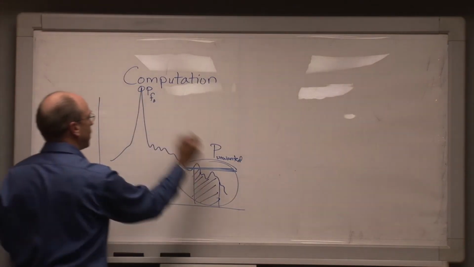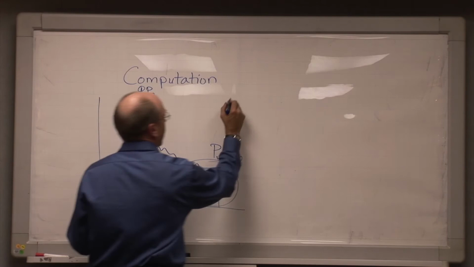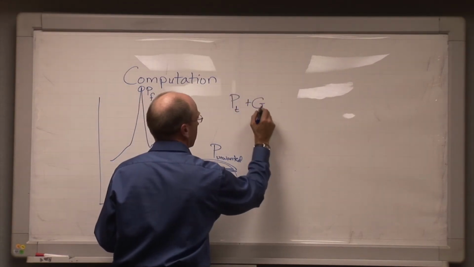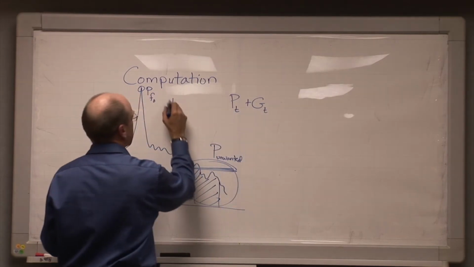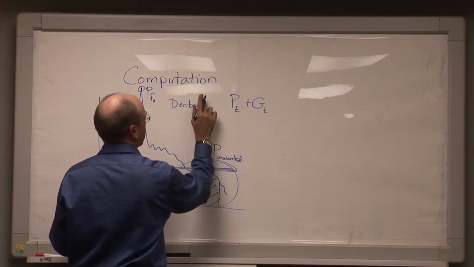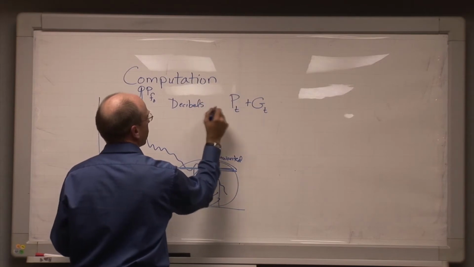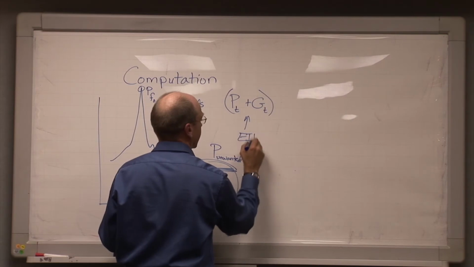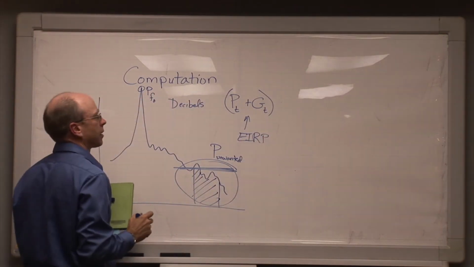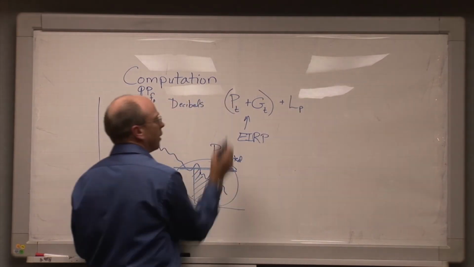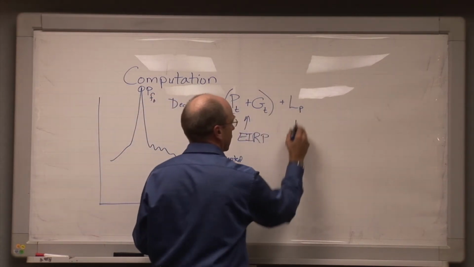Now, we can take either one of these power levels as P sub T, and if we want to, we can incorporate that in decibel terms. This is a decibel equation. We'll take PT plus GT. That's the EIRP, right? Effective isotropic radiated power coming out of this thing. We can add to that, because it'll be a negative number, the propagation loss.